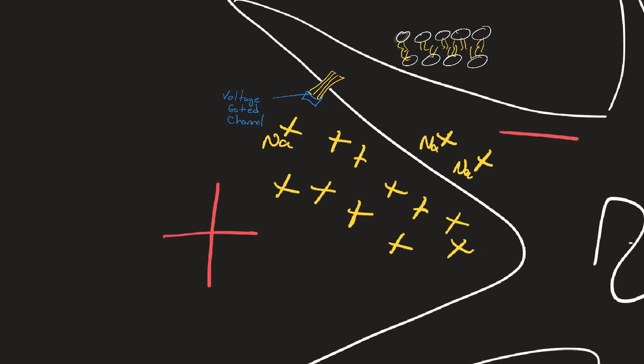Right now, the outside is more positive. If it becomes more negative, then this will change. The only way that happens is if these positive sodium ions go to the other side. But this is the channel that's going to let them go through. So the only way you're going to get a voltage change is if these go through. These won't go through the membrane because this is closed. So how are you going to open it?